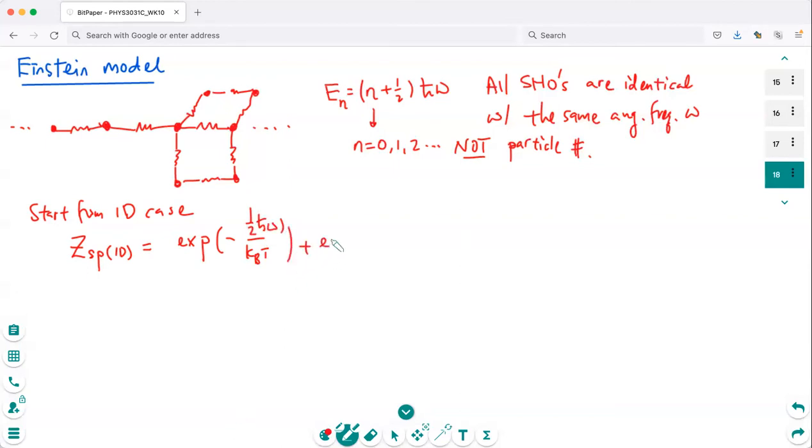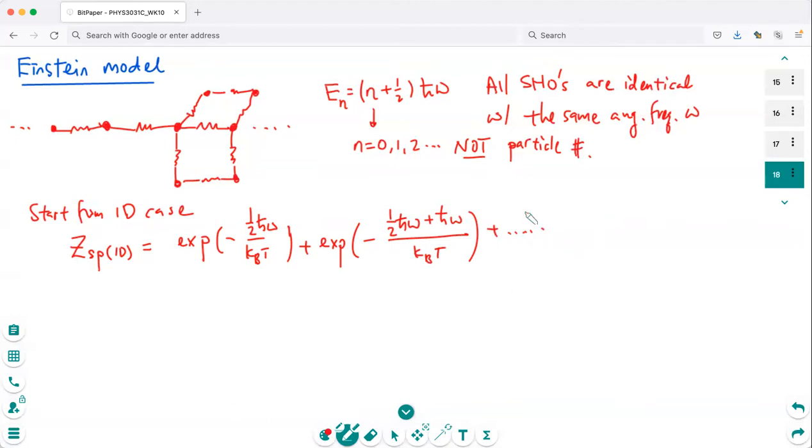Then you move on to the second term: you have the zero point energy plus n equals 1, so you have h bar omega, the whole thing divided by kBT. And so on.